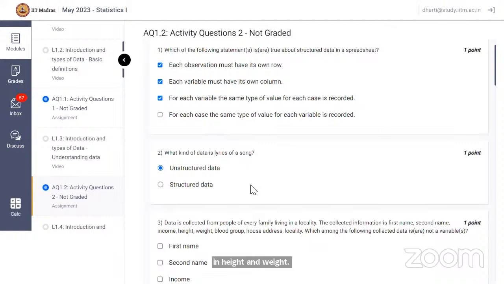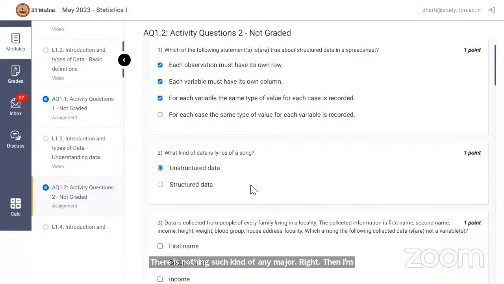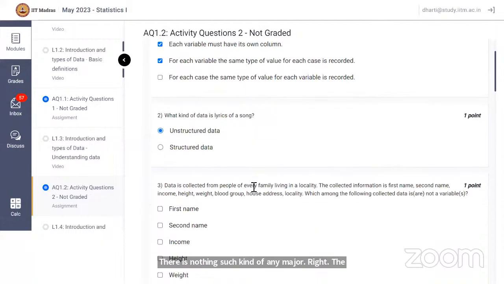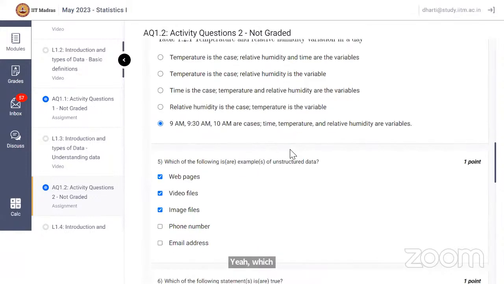For height there will be one measure, let's say centimeters, inches, or feet. But for lyrics of a song there is no such measure, like the number of words or letters. Yes, ma'am. That's why it's unstructured data. Which question then? 1 and 2, then 6, right?